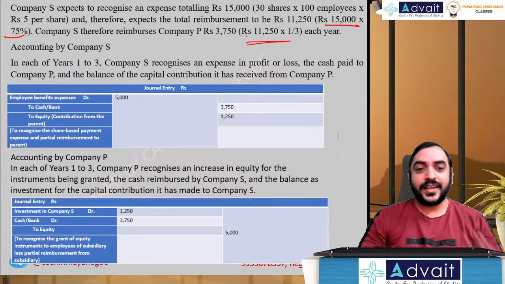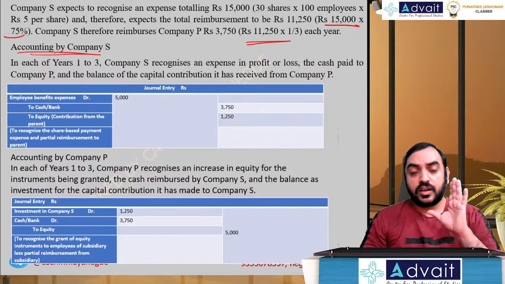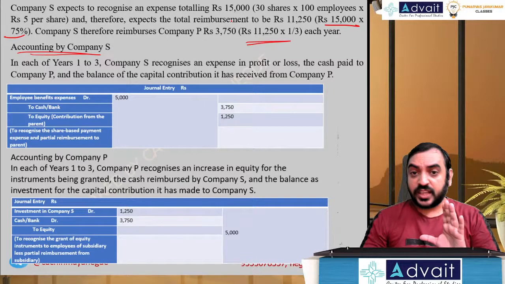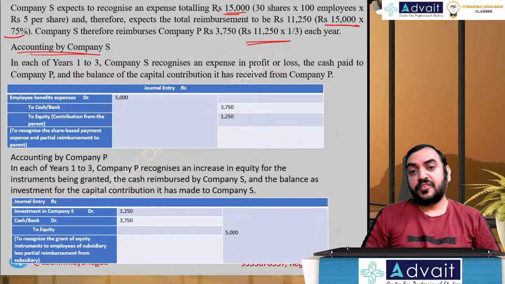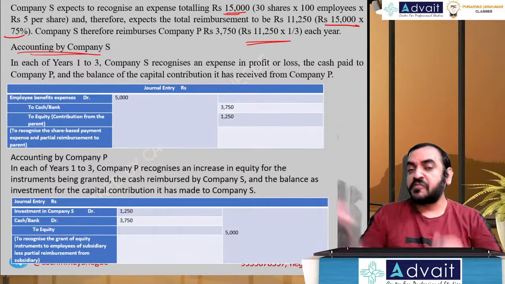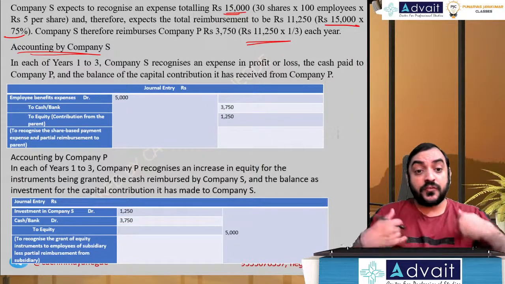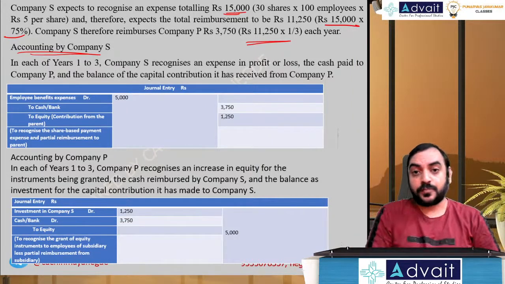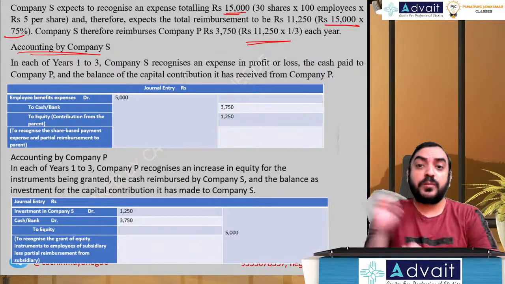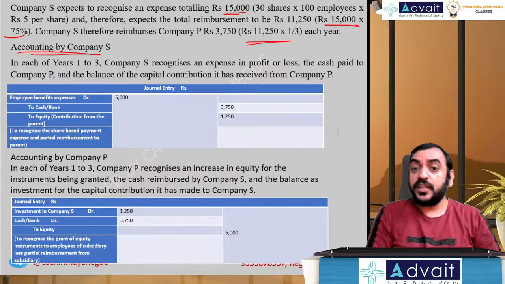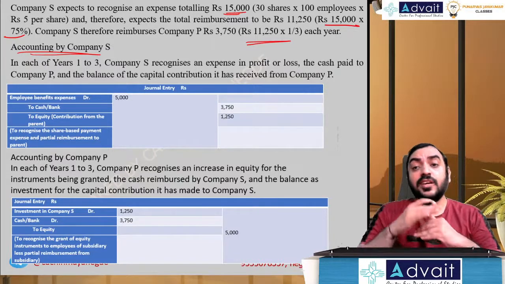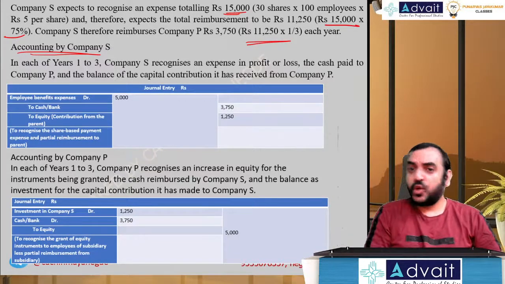So what entry will the subsidiary company pass? We are incurring 5,000, that is 15,000 divided by 5. Out of 5,000, 5,000, 5,000, total 15,000, for 75% we are going to pay cash. It is expected to be reimbursed. The balance will be borne by the holding company, which will be treated as a contribution from the holding company.